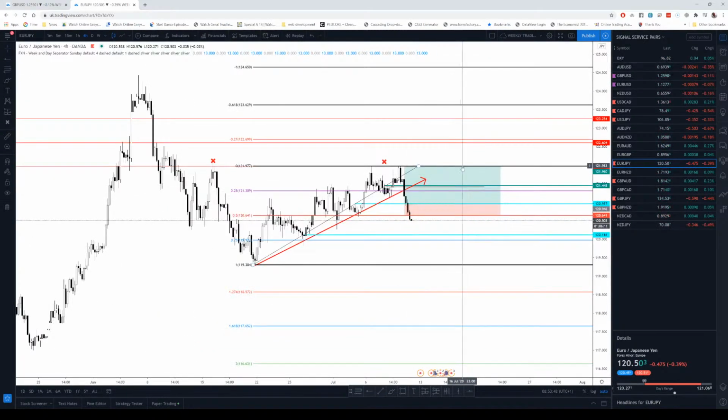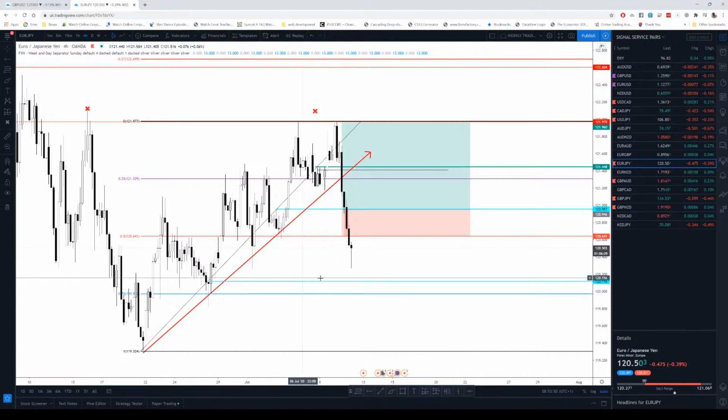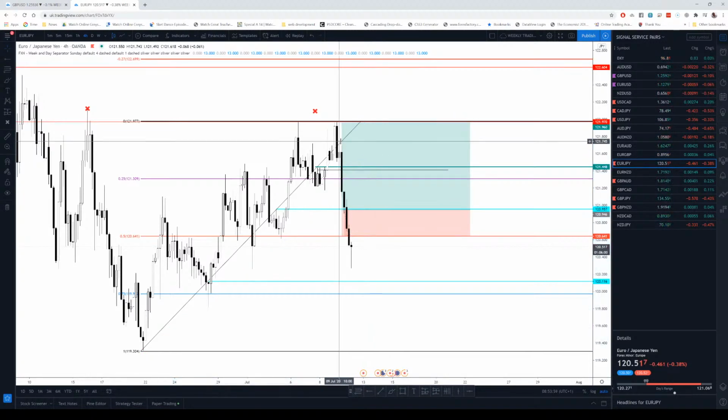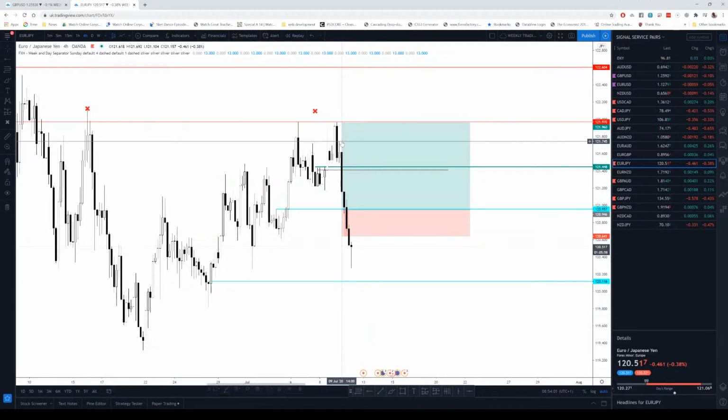Your yen. Yeah, almost got there. Didn't quite get there. I don't know if they are trying to engineer liquidity. Let's delete this.